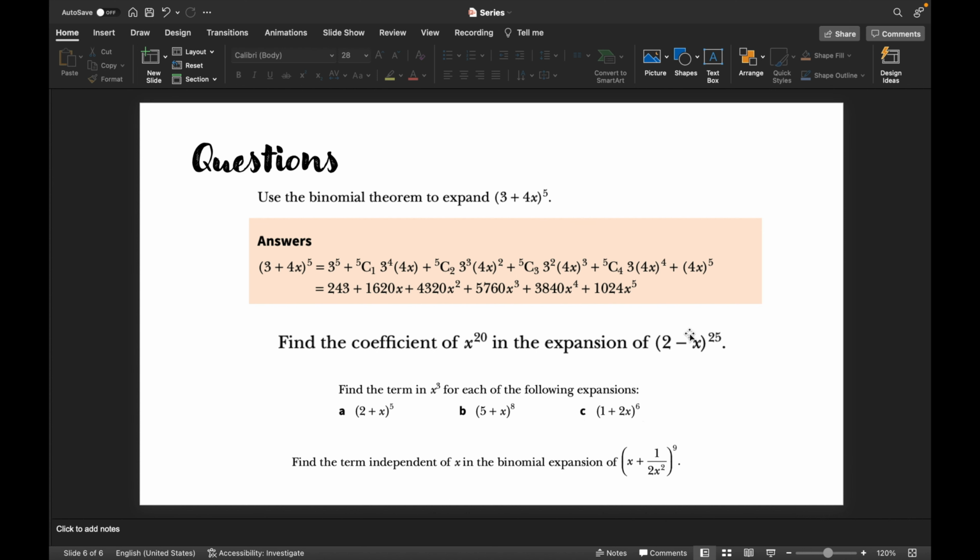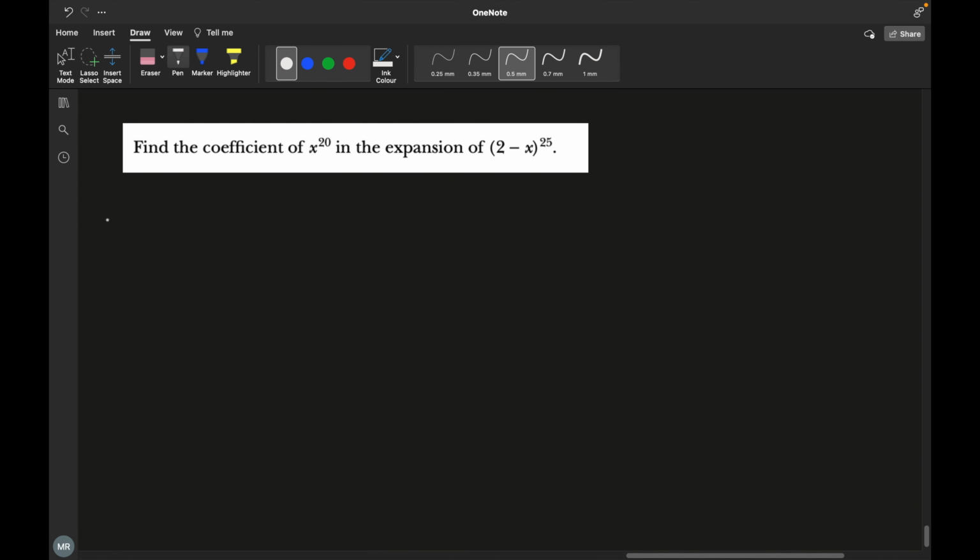But if you write this as (minus x plus 2) to the power of 25, doesn't it become simpler? Because then we go in descending order of x, meaning we start with 25 and go down to 0. Therefore, it's more convenient to write (minus x plus 2) whole to the power of 25. This way, you don't have to write about 21 terms, you just have to write 5 terms if you write it in this manner.